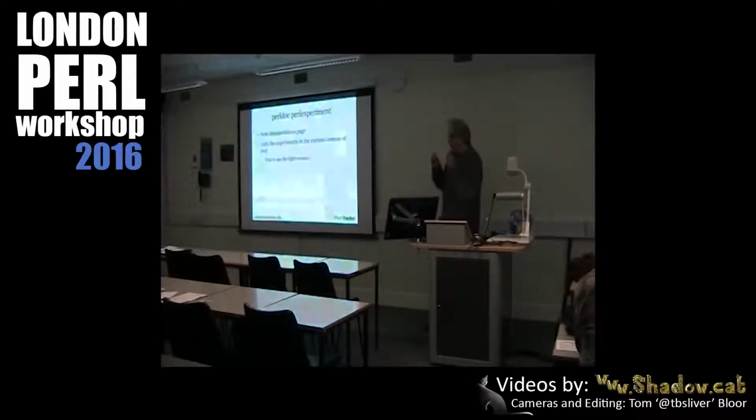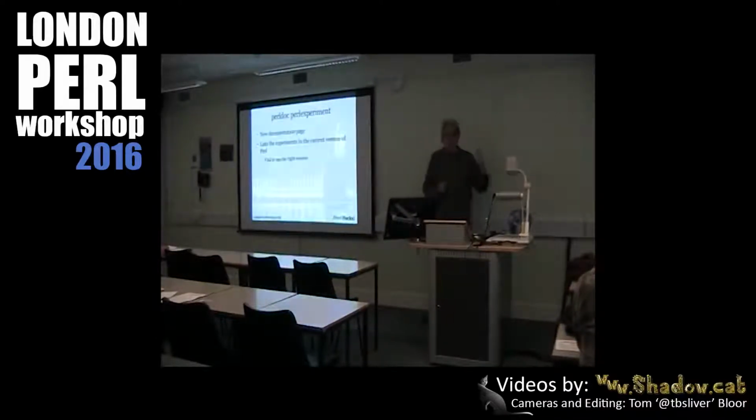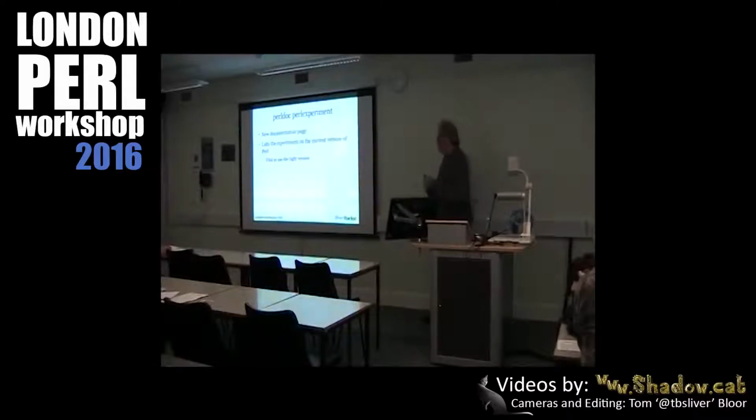Often when people talk about the documentation that comes with Perl, they will say, go to perldoc.perl.org to read the manual pages. If you're looking at something like perlexperiment, which changes each time a new version of Perl comes out, it is vital that you use the right version of the perldoc. Otherwise you're going to get broken information, out-of-date information.